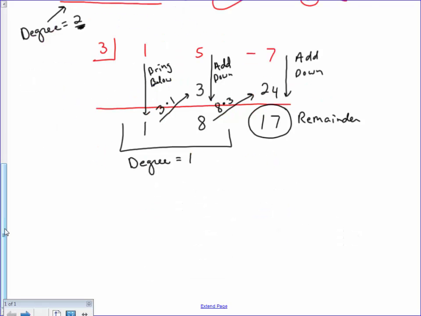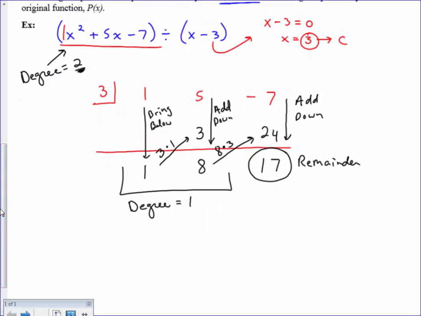So to write our answer down, we would write p of x, which was our original x squared plus 5x minus 7 equals, what did we divide by? Now we put all the x's back in. We divided by x minus 3.